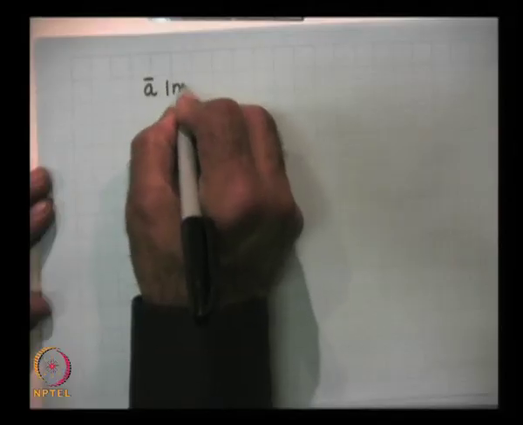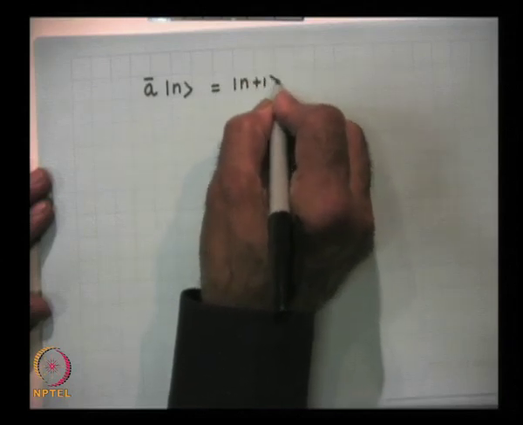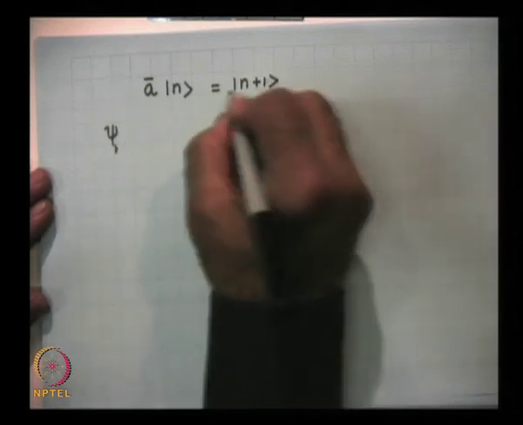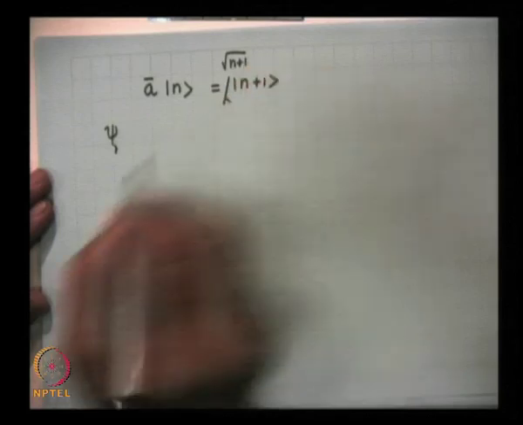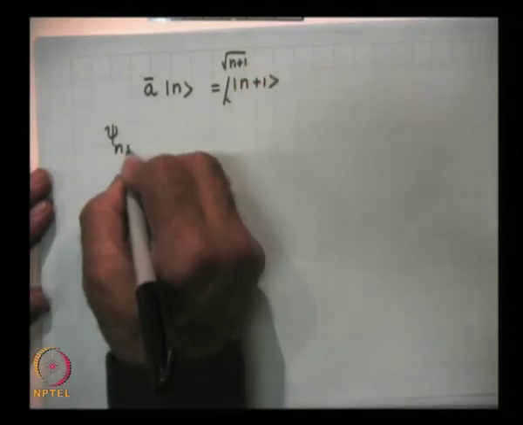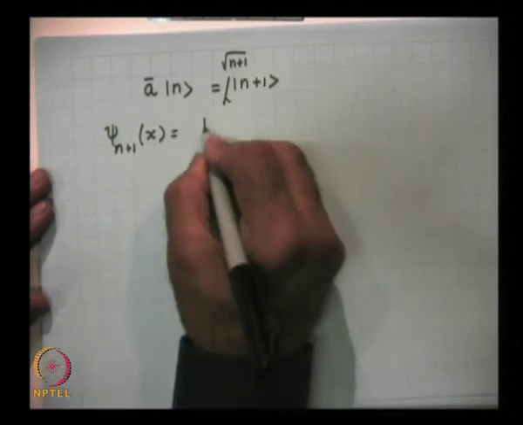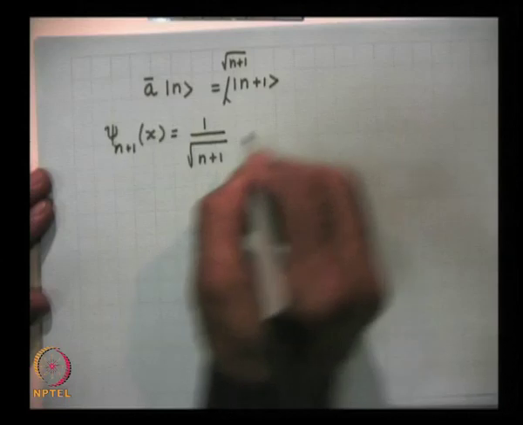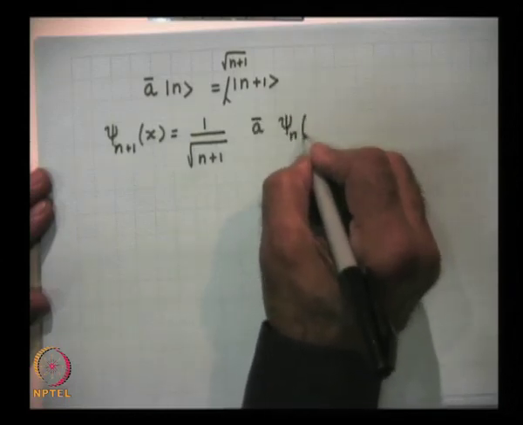So, we have a dagger ket n is equal to square root of n plus 1 ket n plus 1. So, therefore, psi n plus 1 of x will be equal to 1 over square root of n plus 1 a dagger psi n of x.